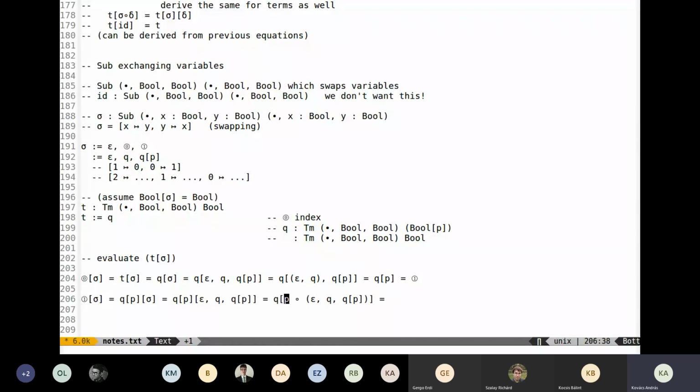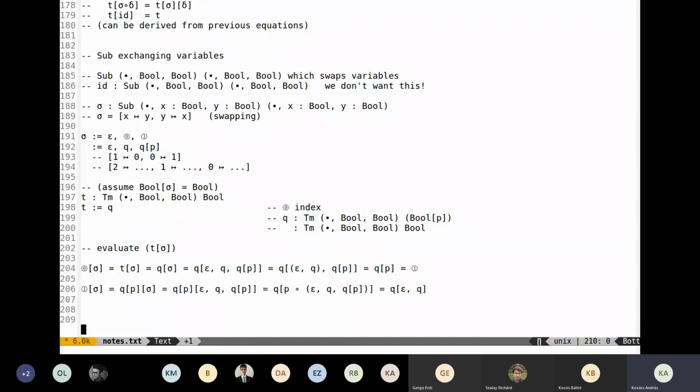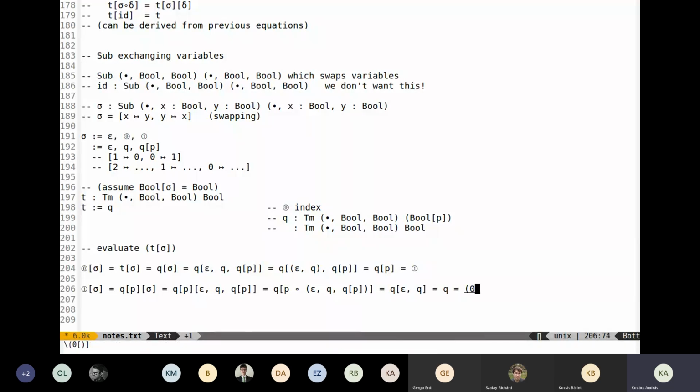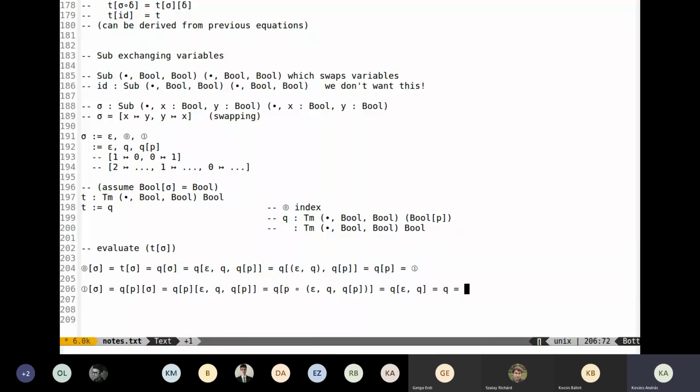And now we can use the computation rule for p-composition, which just takes the initial part of a substitution. So this becomes epsilon extended with q. And now we can use the computation rule for q substitution. We just project out q. So this becomes q, which is 0.